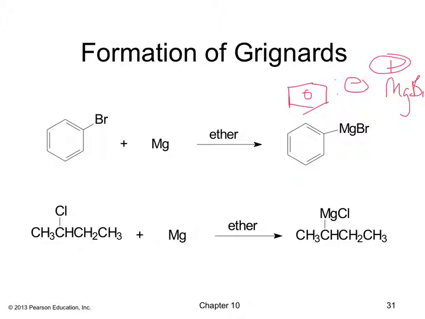So you can denote it as below, or if this makes it easier for you to see, then your nucleophile being here and then MgBr here. Again, this would be your electrons here, and then MgBr.